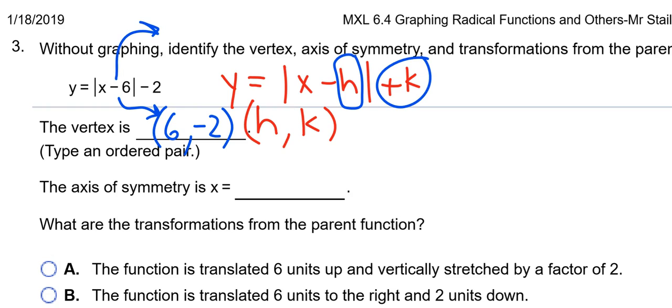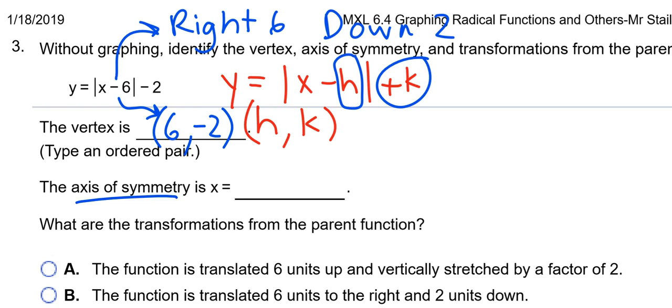Because we have moved this graph right 6 and down 2. The movement inside the absolute value bars kind of goes against your common sense, unless you think that in order to make up for the subtraction of 6 units, you had to get bigger x values, which means that your x's are larger and farther to the right.